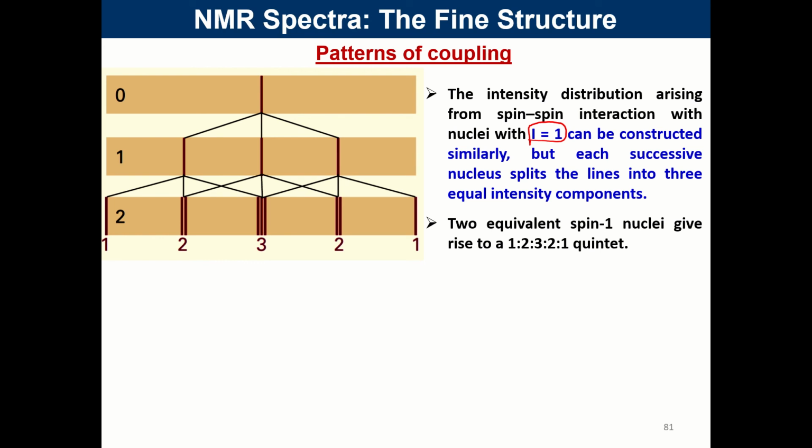This is for AXN, with equivalent nuclei having spin 1, where X is the spin and the spin quantum number is I equal to 1.